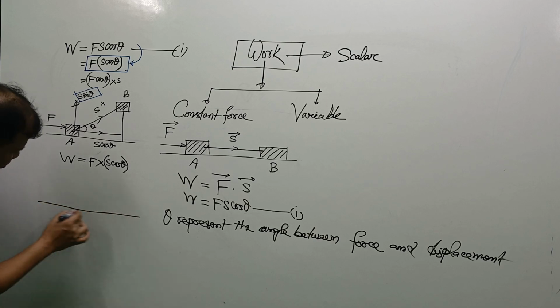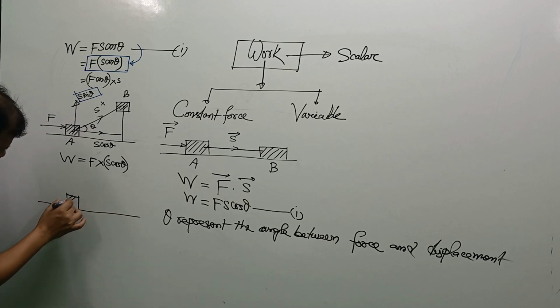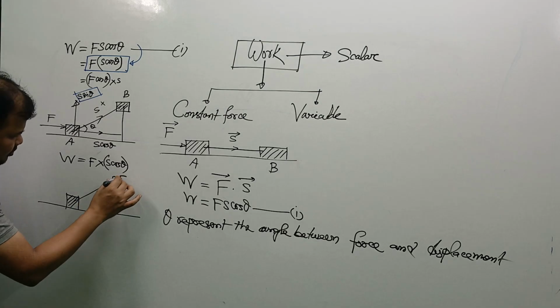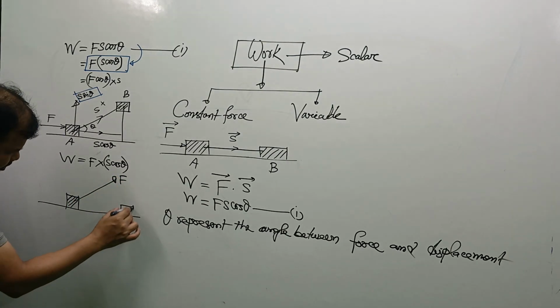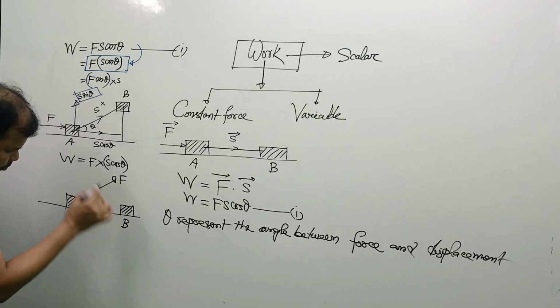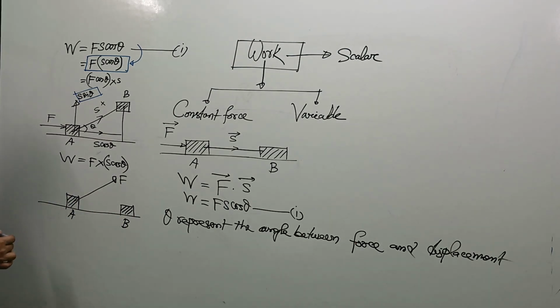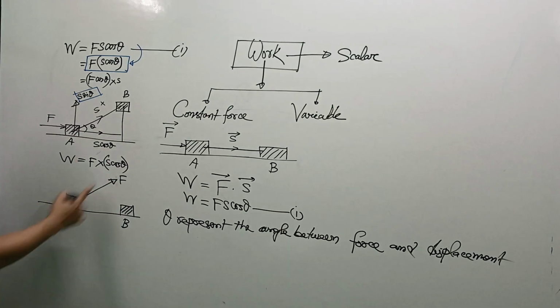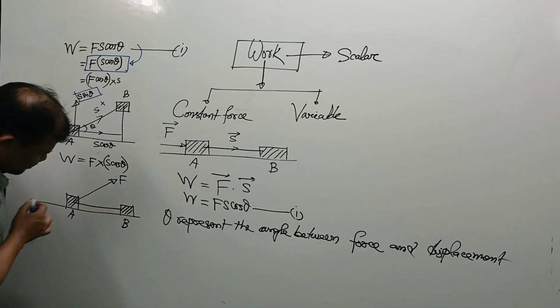Now I will give you another situation. Suppose this is the object. If we apply force on this object this way, and the body goes from point A to B, the body does not move along the direction of the applied force but in this direction.